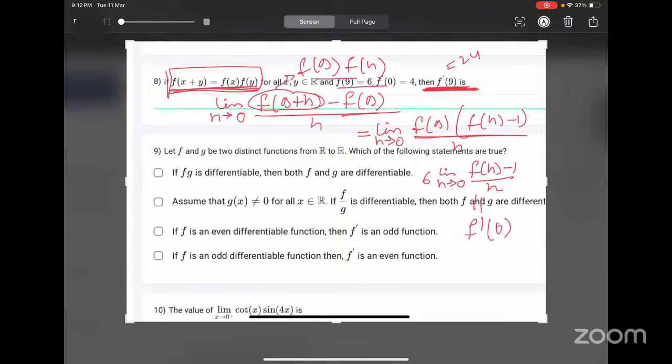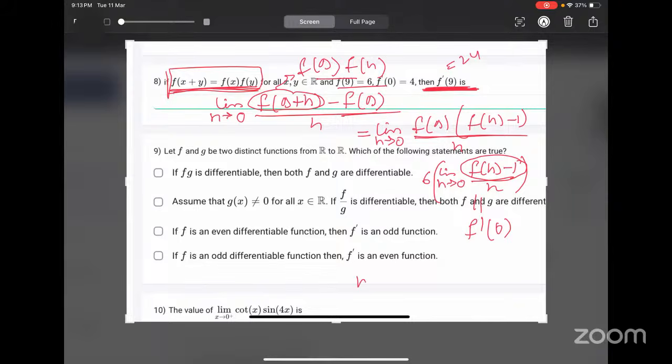Because f dash 9 is defined, that means this term should be defined, right? When h is 0, if this is defined, this numerator portion should also be 0. Otherwise, we will not get 0 by 0 form and we can't define the limit in that case.